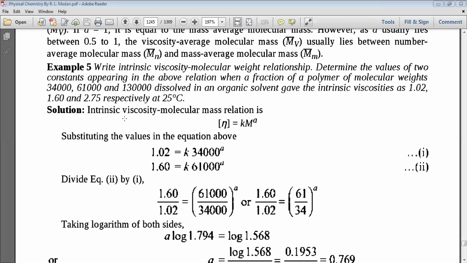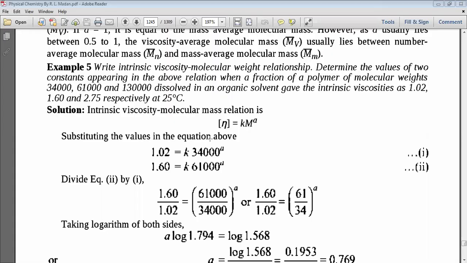We know the intrinsic viscosity and molecular mass have the relation [eta] equal to K M to the power a. This is the important relation.